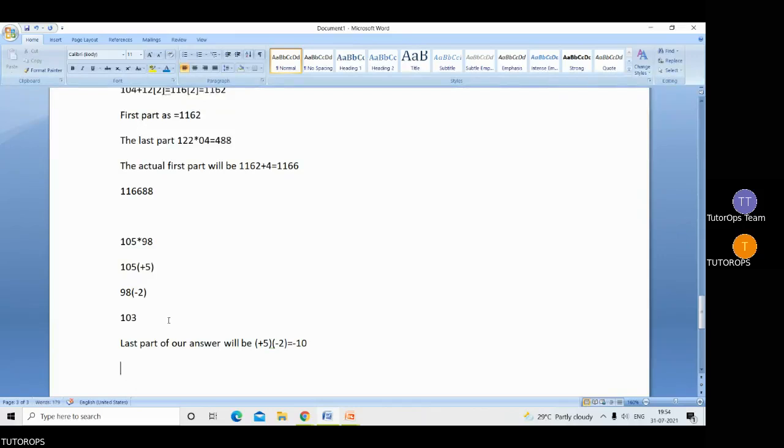Now what will be the 5 digit sub base containing 103 as the first part? That will be 10300. That is the very simple method. And then I need to subtract the 10, because 5 into minus 2 is basically giving us minus 10.